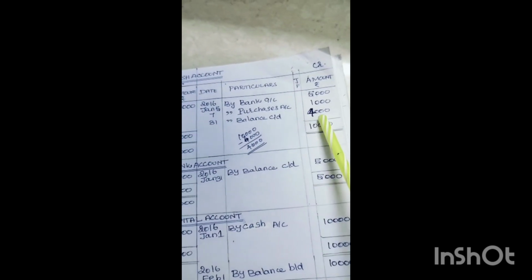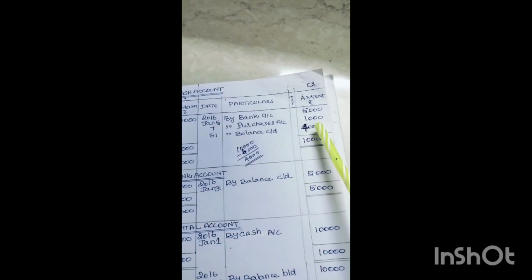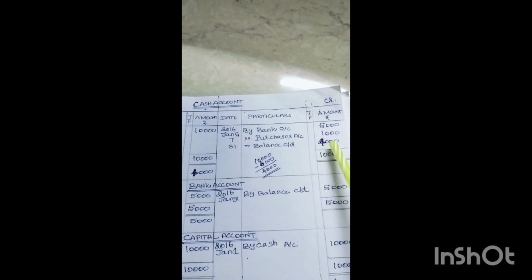The opposite side from the credit is debit. The debit side is the opposite side from the credit. So this 4,000 we carry down here. That carry down amount we bring from the credit to the opposite side, that means the debit side. We enter it below the total.